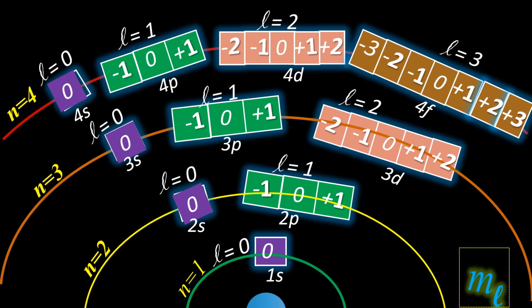Now observe over here, L equal to 1 means -1 to +1. Suppose L equals 2, it is -2 to +2. And L equals 3 means -3 to +3. I hope you all understood the values and how these will be arranged using this picture, right? Very well understood, children, I hope. So let's get to the next one now.